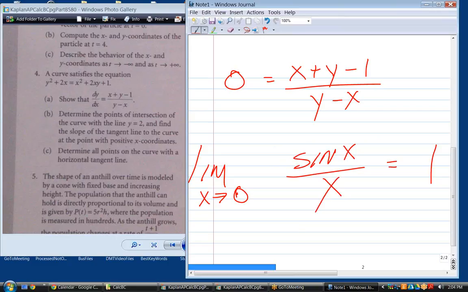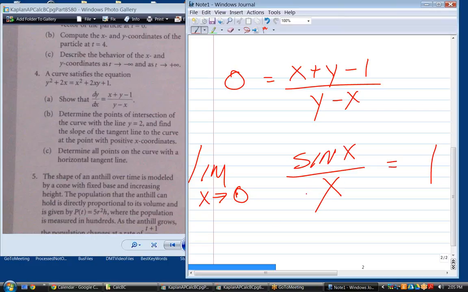Same problem. If x is 0, we have 0 over 0, right? Well, here's a case where 0 over 0 would not be equal to 0. If I take the limit of this as x goes to 0, I get 0 over 0.